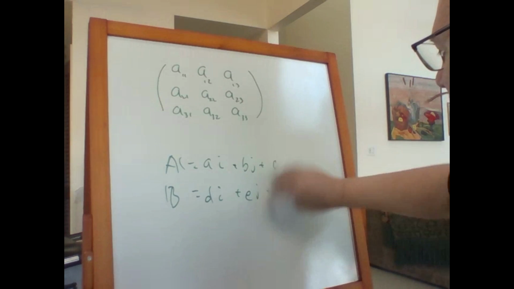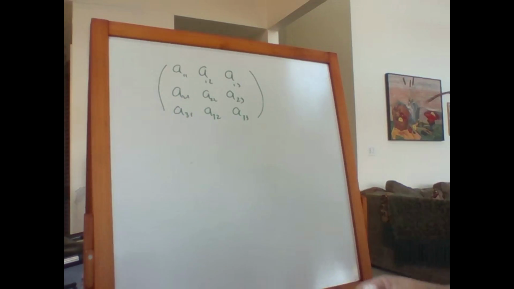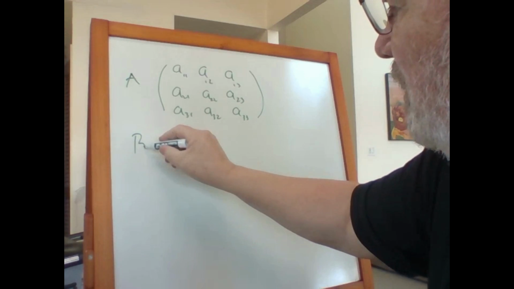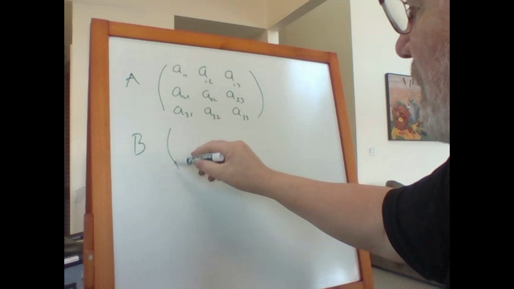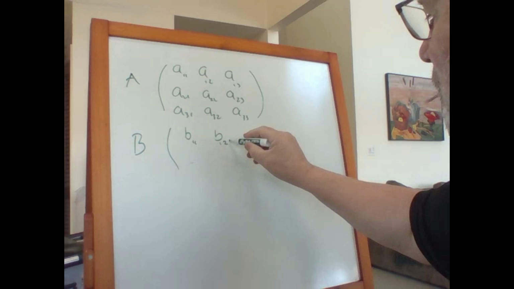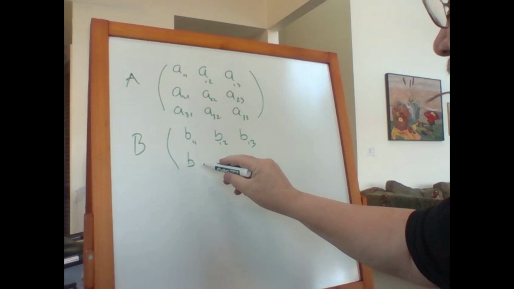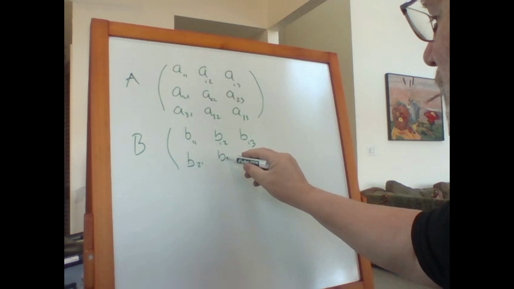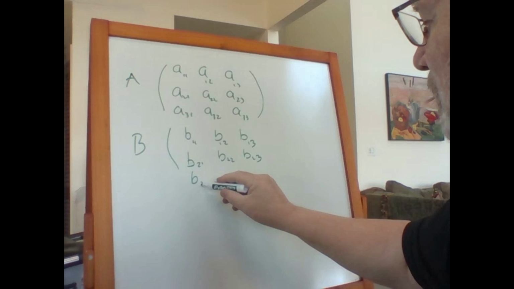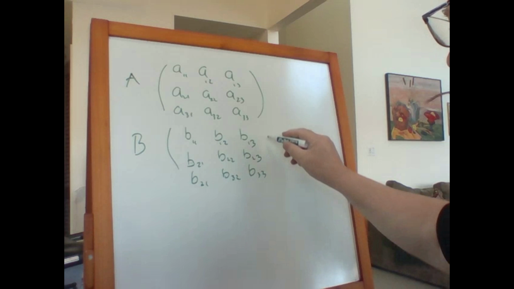Now, if we have a matrix A, and we're going to call this top one A, and we have a matrix B, let's say B is B11, B12, B13, B21, B22, B23, and B31, B32, B33.